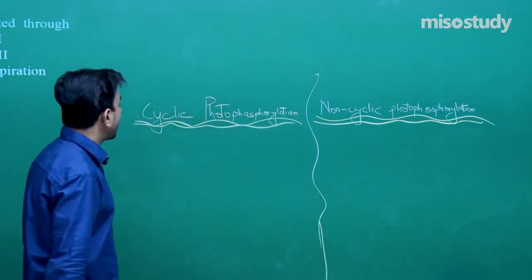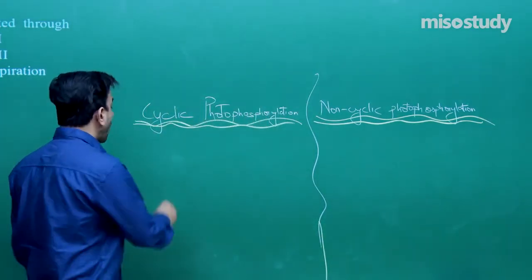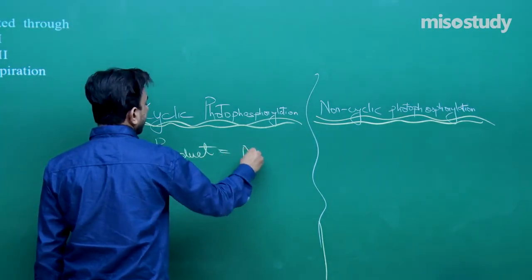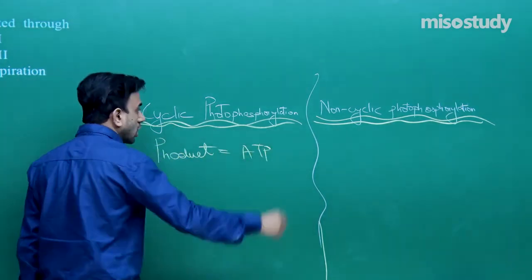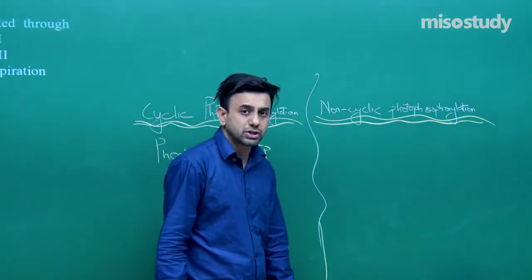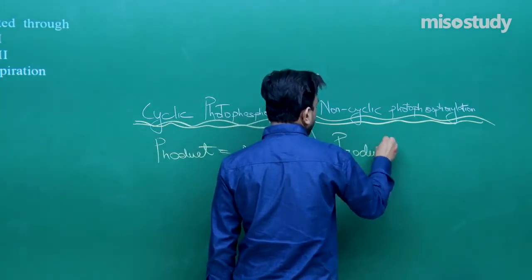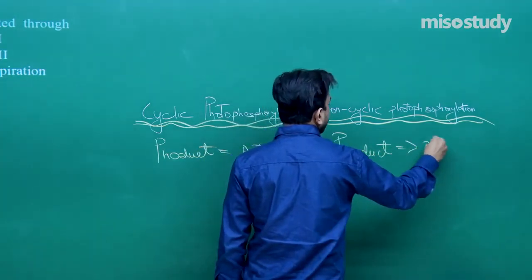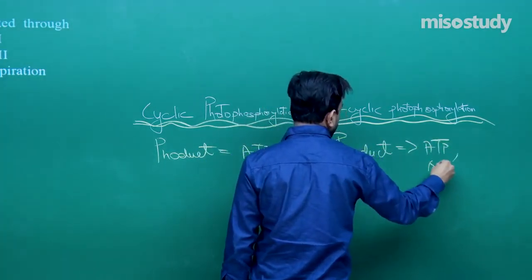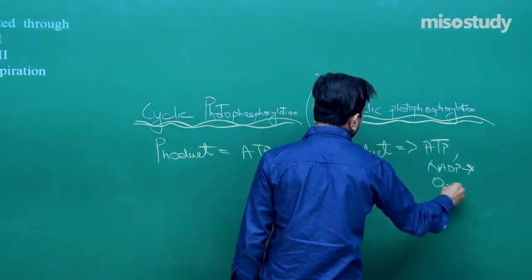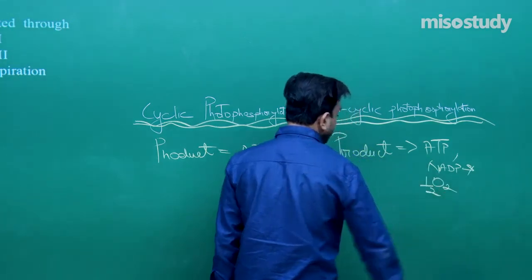When we talk about the cyclic photophosphorylation, the product formed is ATP. However, when we talk about the non-cyclic photophosphorylation, the products formed are ATP, NADPH, which is the reducing equivalent, and oxygen, half molecule of oxygen, which is liberated.